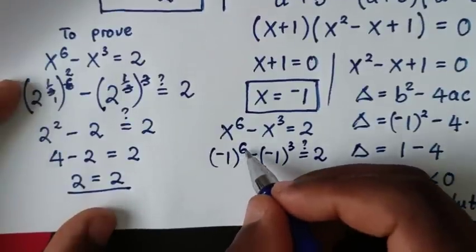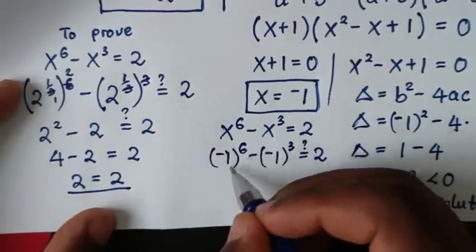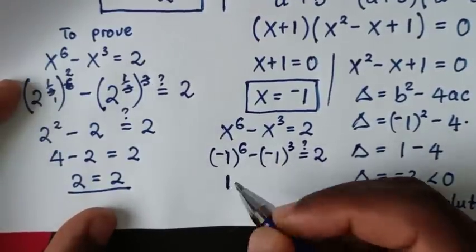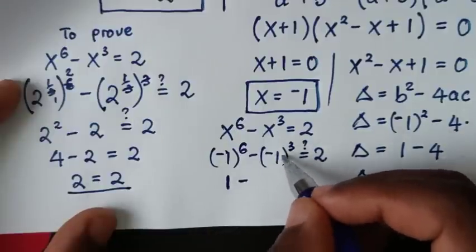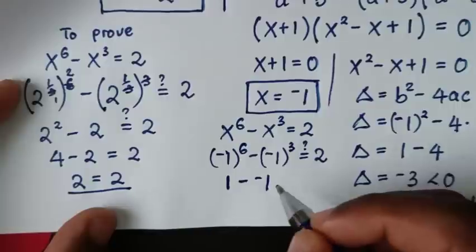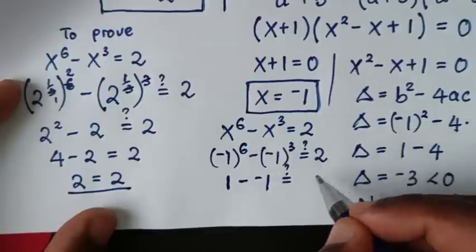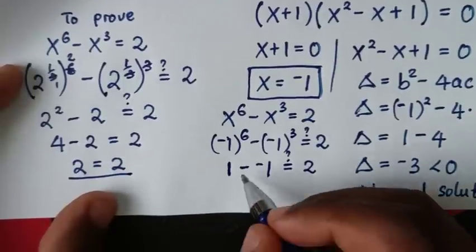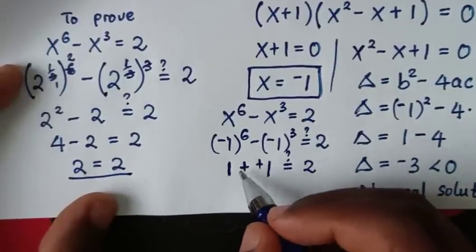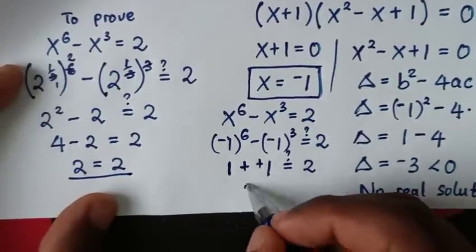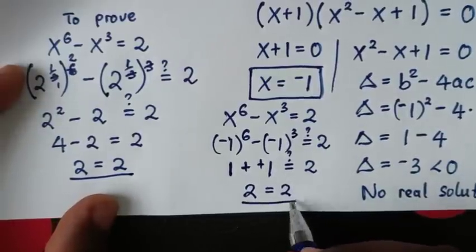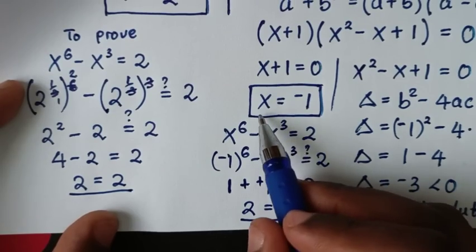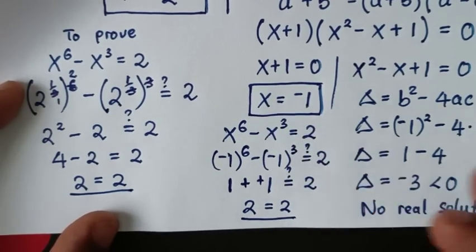Then (-1)^6, negative 1 to an even power, is positive 1, minus (-1)^3, negative 1 to an odd power is negative 1, is it equal to this 2? Then from here it will be positive, so 1 + 1 is 2, is equal to 2. Now the left side and right side are equal, so it is true for x = -1.